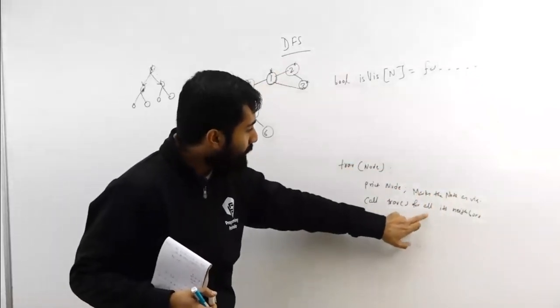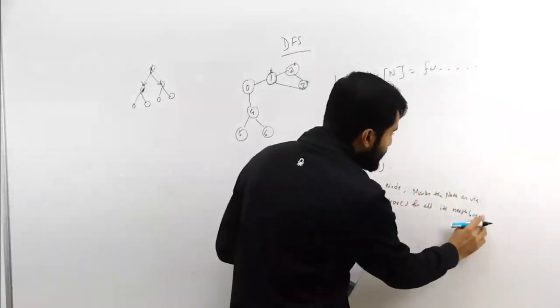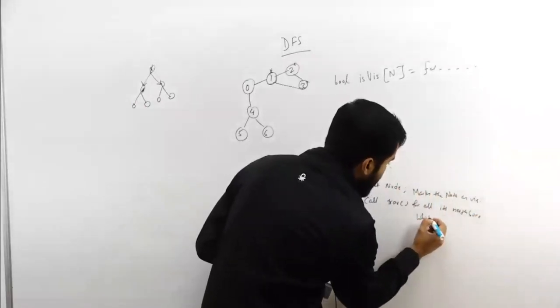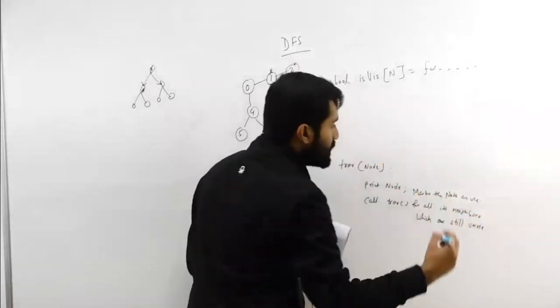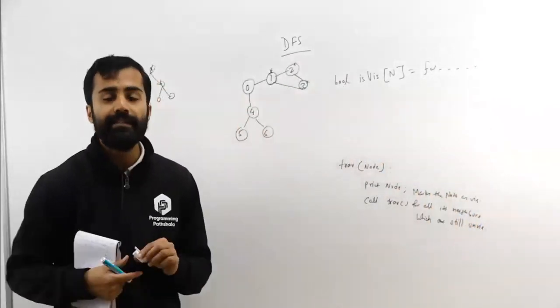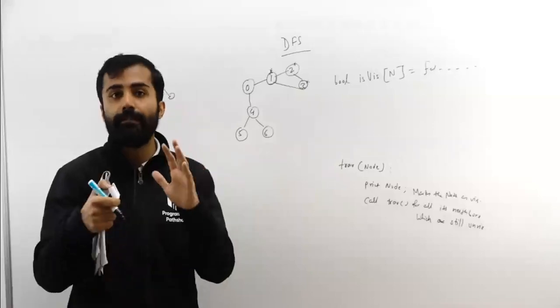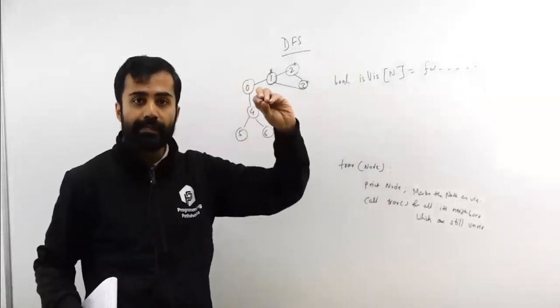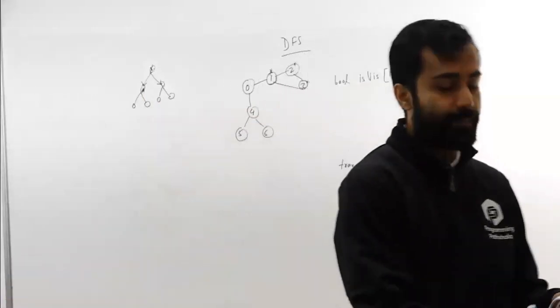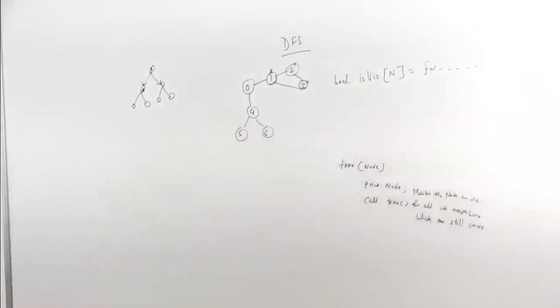And now I am calling traverse for all the neighbors which are still unvisited. So this is one minor change that I'll bring in my pre-order traversal and my job will be done. What is that minor change? Keep track of which nodes are visited and which nodes are not visited, which can be done using a simple Boolean array. Does that make sense to everyone here? Yes or no?